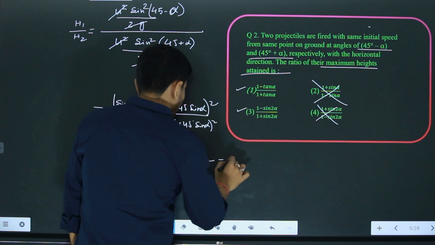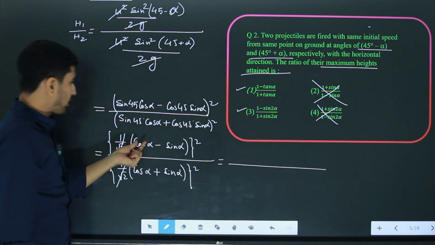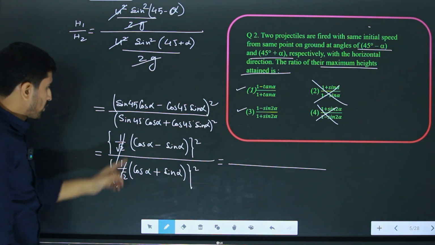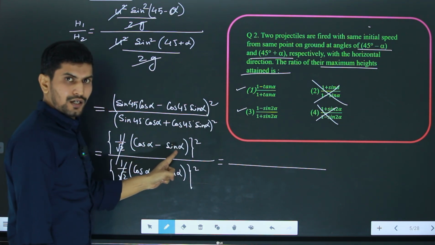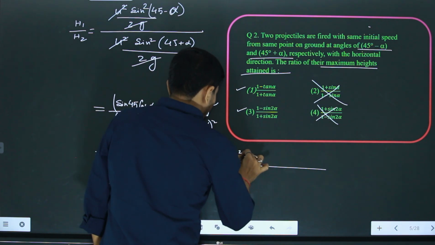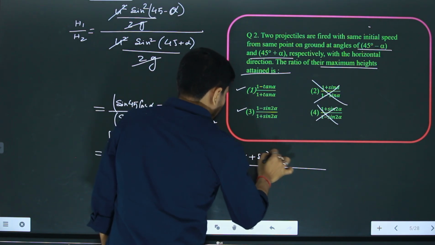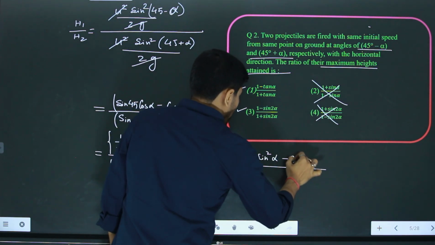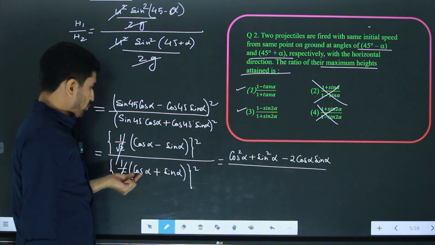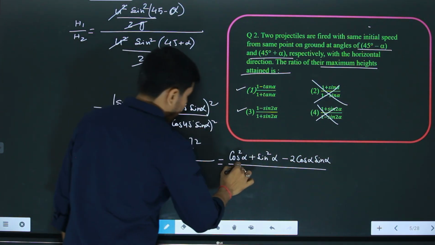And then let me expand cos alpha minus sine alpha using the a plus b formula. This will be a square plus b square minus 2ab, right? Similarly, the denominator is a square plus b square plus 2ab.